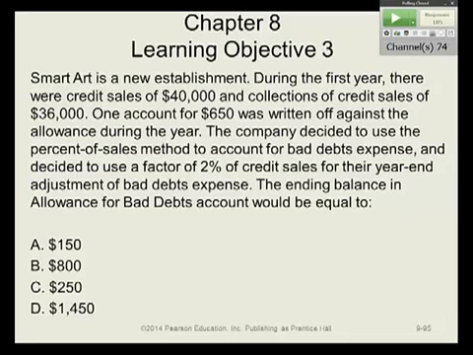The company decided to use the percentage of sales method to account for bad debt expense, and they said that a 2% of credit sales year-end adjustment would be used.